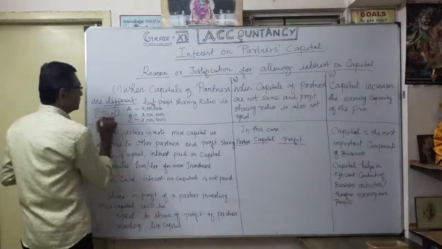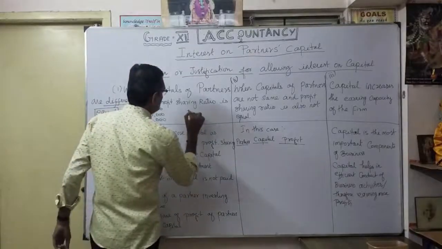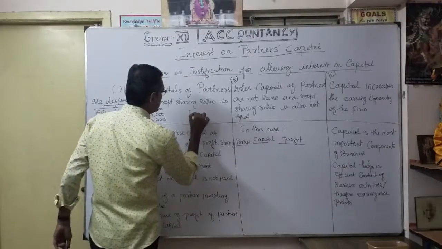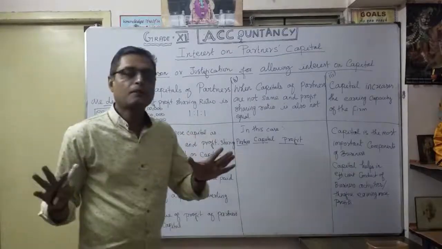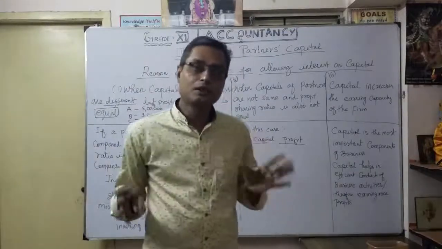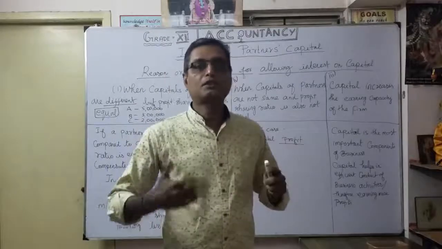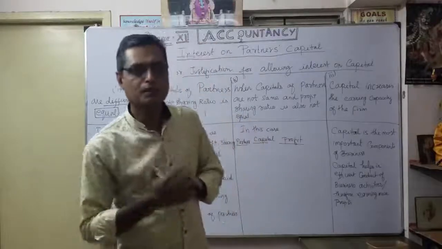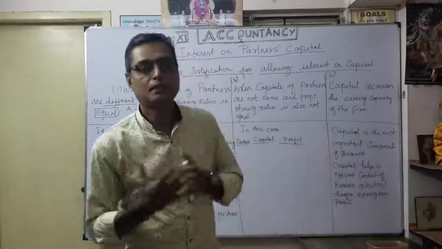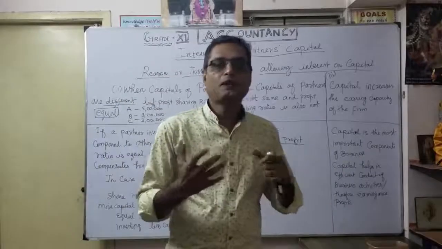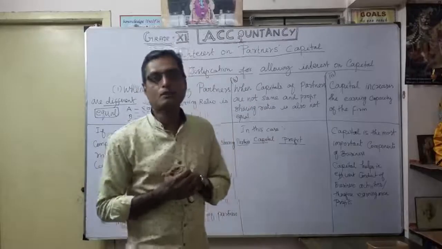So the ratio may be equal, 1:1:1. Equal means whatever profit there is is divided equally among all three. But the capital contribution is different. So definitely what will happen? A partner will worry: I am investing more capital, but what is the use for me from the firm? What will the firm compensate me?